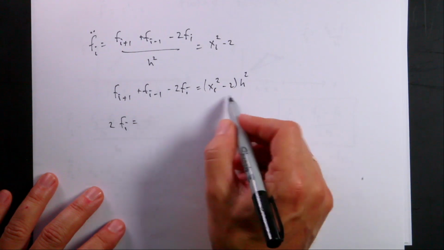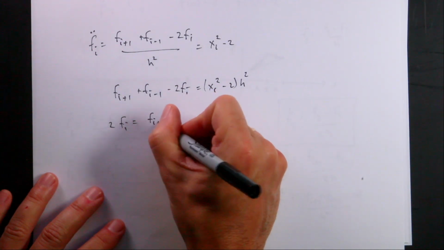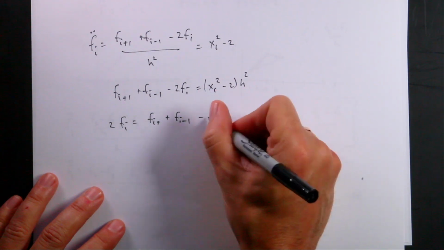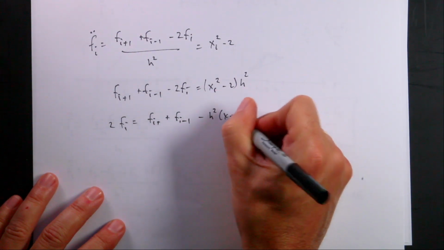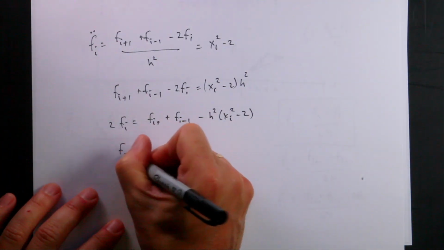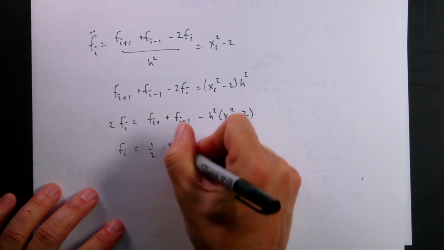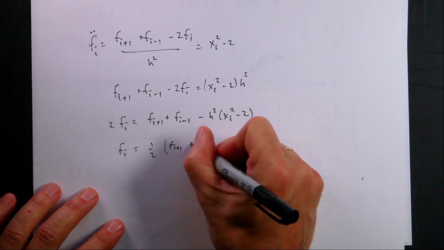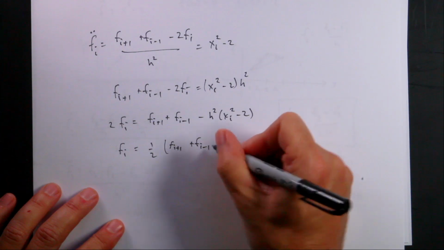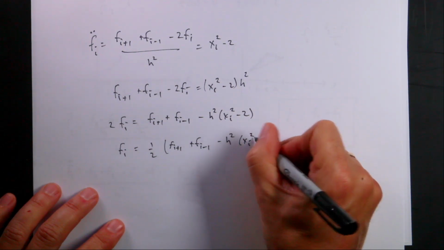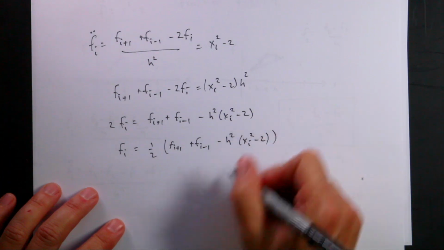I'll just add that to both sides, subtract that, and then divide by 2. f_i is 1/2 times f_(i+1) plus f_(i-1) minus h squared times (x_i squared minus 2). That's it.